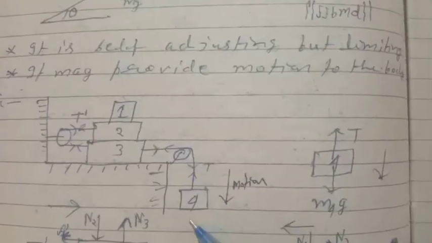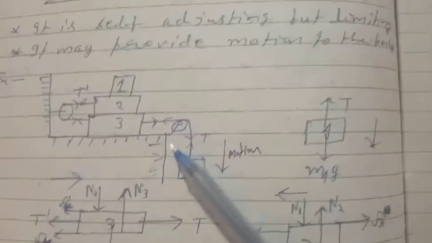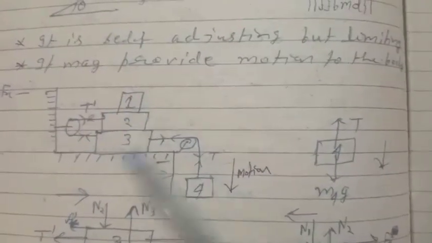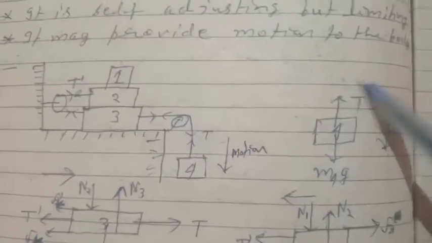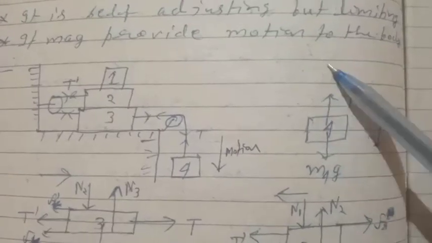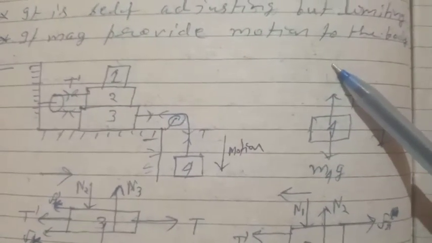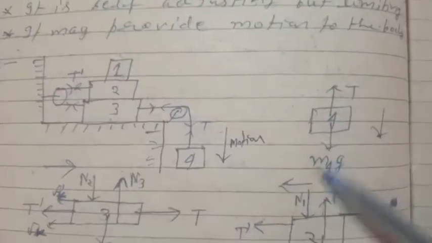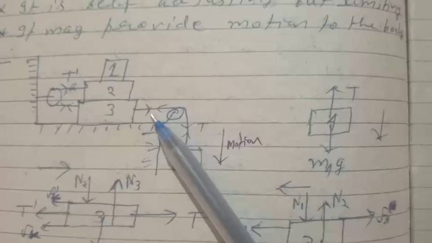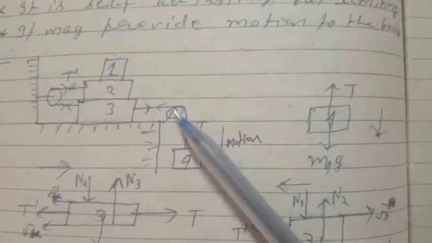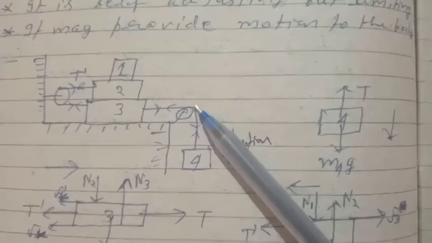If all bodies are moving, we have to see what the situation will be. For example, if we draw the free body diagram of this body, it will be like this. T will be in the vertically upward direction, and weight in the downward direction. Here we are considering the string to be massless, and there is no friction between pulley and string.